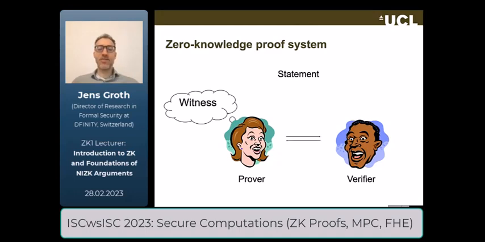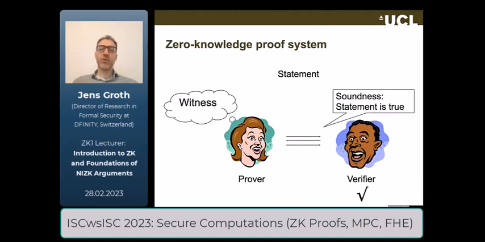And it can now engage in a zero knowledge proof. At the end of the day, the verifier is happy and says, oh, okay, that's great. It's good to know my money is still there. And the two core properties we want from a zero knowledge proof system is that it should be sound, right?